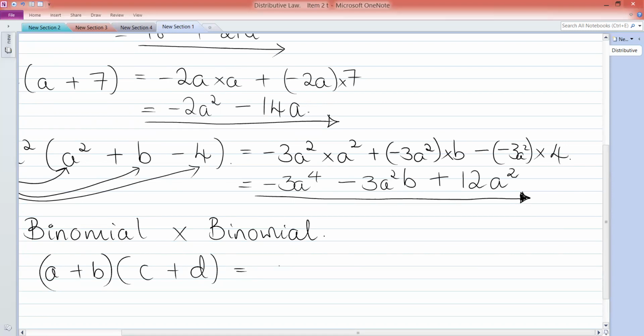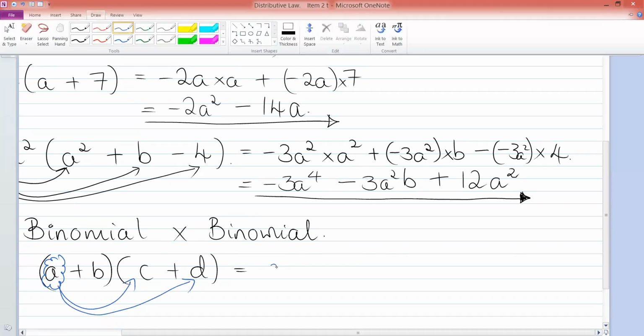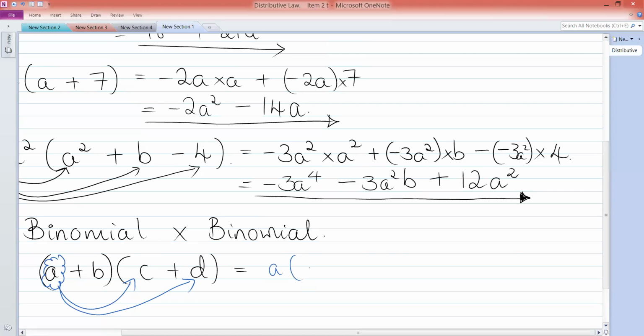So you take the first term, which is your A, and you do the normal distribution there. So the A comes first, then you're going to multiply it into the second bracket, C plus D. Then you're going to apply the same principle, but this time, remember, it's positive B, and you're going to multiply that into the second bracket as well, plus B, C plus D.